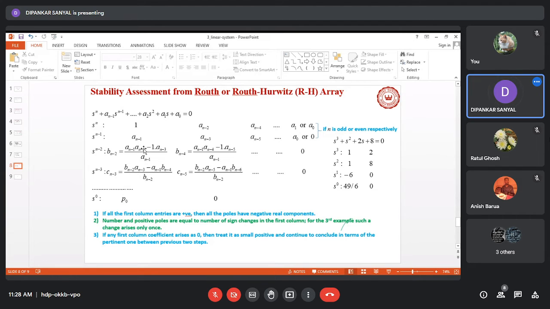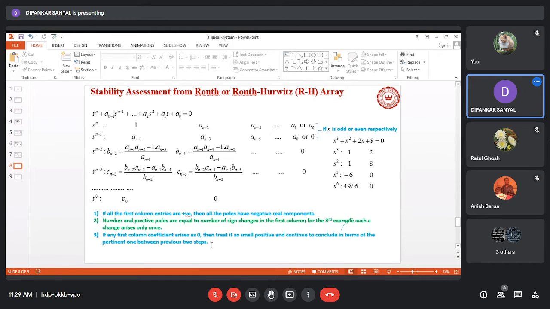But if there are sign changes in the first column, then the number of unstable poles is equal to the number of sign changes. So if we look at this formation, we have one sign change, positive to negative here, and then negative to positive here. So we have two sign changes.